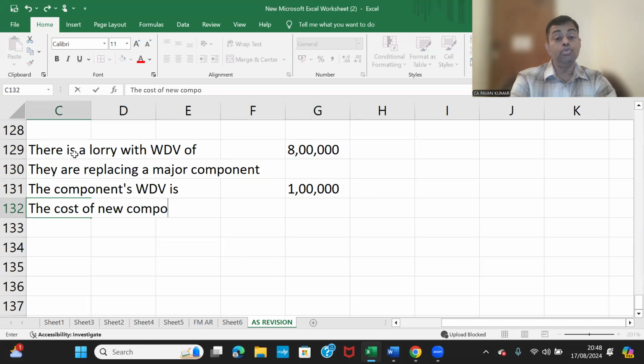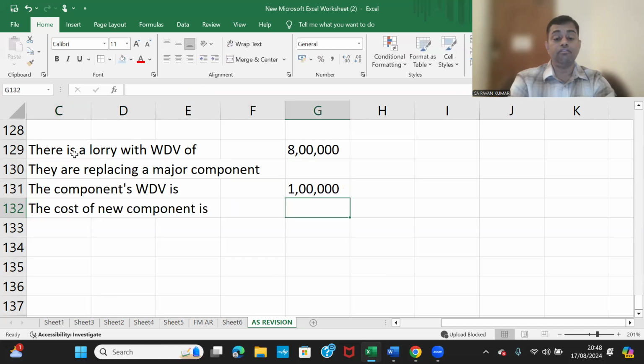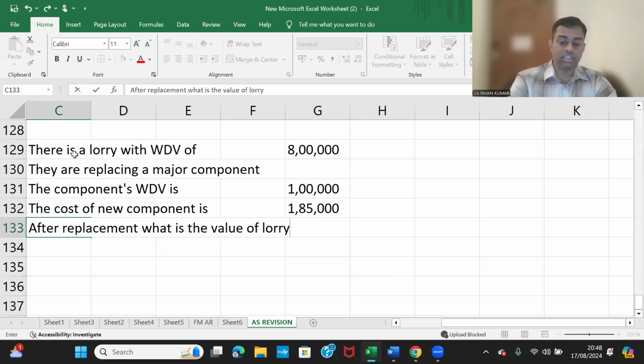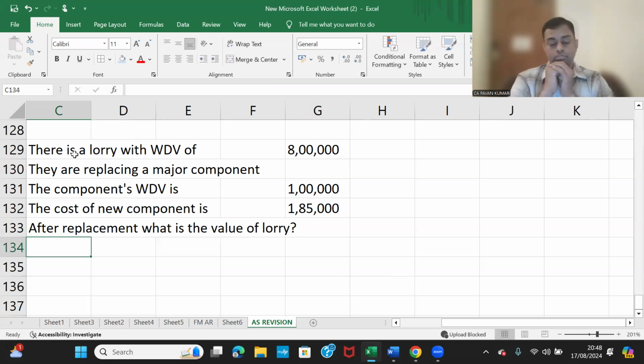The cost of the new component is 1,85,000. After replacement, what is the value of the lorry? This is the question. Tell me the answer. A plus B minus C. How much?